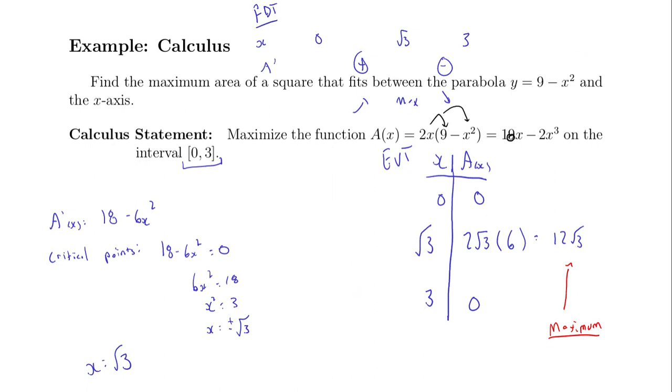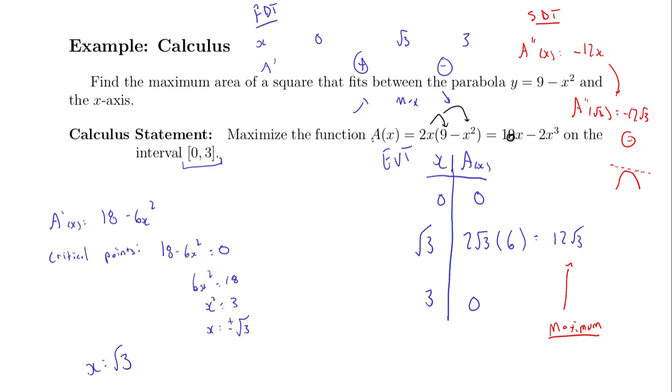You could also have done the second derivative test, which might be actually pretty easy to do here, because the second derivative is just negative 12x. And so if you evaluate the second derivative at root 3, that's negative 12 root 3, which is negative, meaning your function's concave down, max.